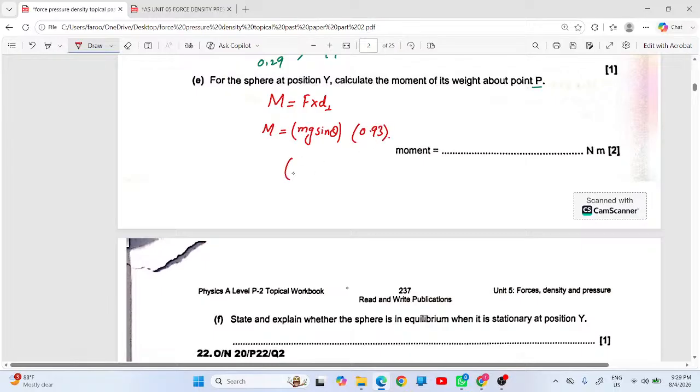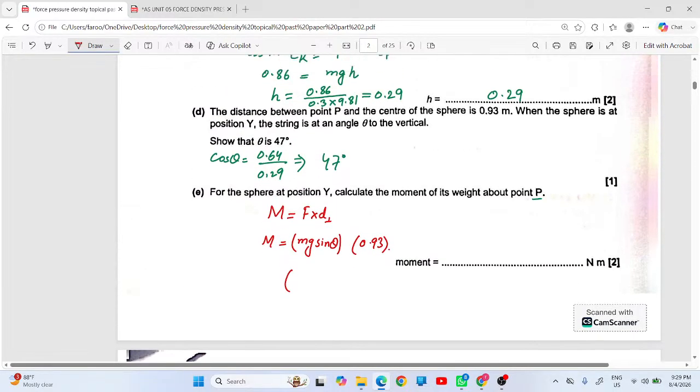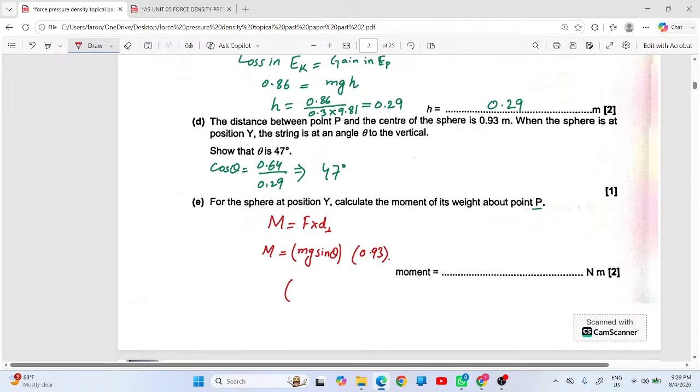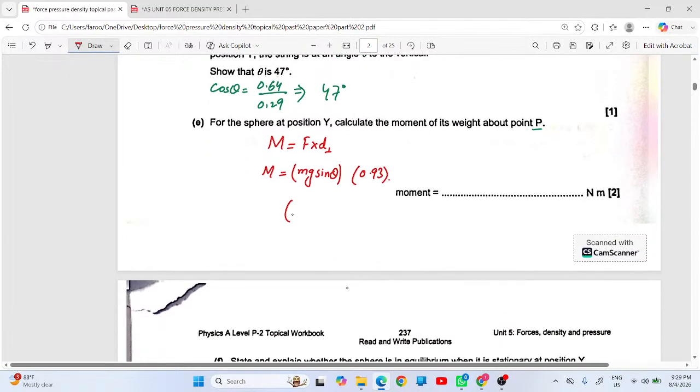So m is the mass, which is mass कितना है 0.3. 0.30 into 9.81 into sine कितना आया था 47. Why we take mg sin theta? Because in moment we have to take the perpendicular components of force and the distance, and this is 0.93.